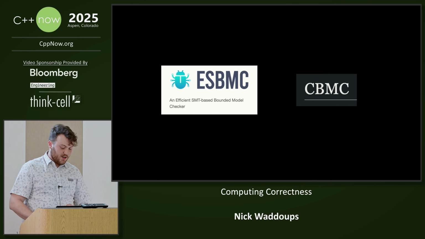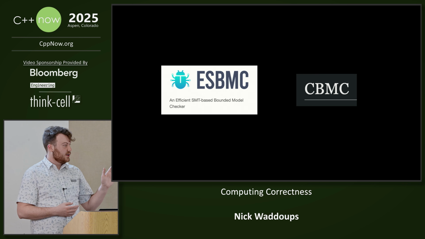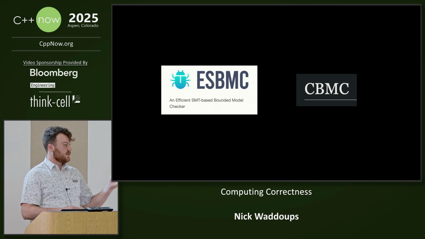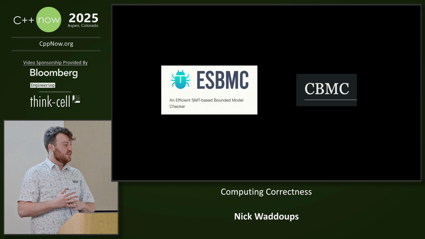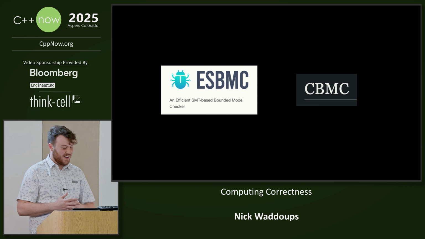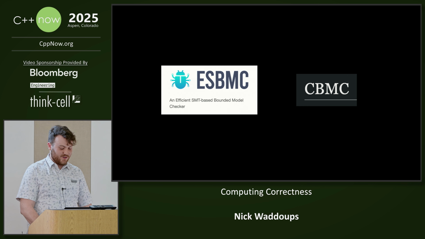And so then another thing that they do, so these are two C and C++ model checkers that you can use. If you're interested in actually doing some model checking, I'd recommend checking out CBMC. ESBMC is more promising, but it's also got a lot more bugs currently. So I'd consider checking out the other one first.